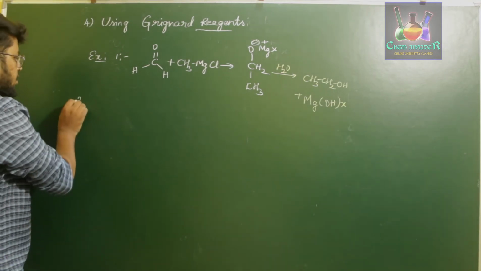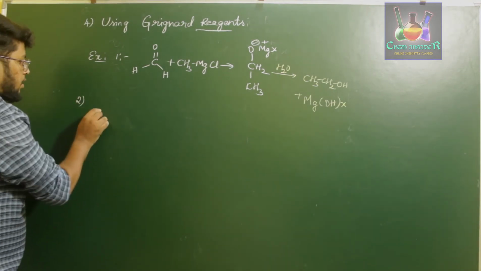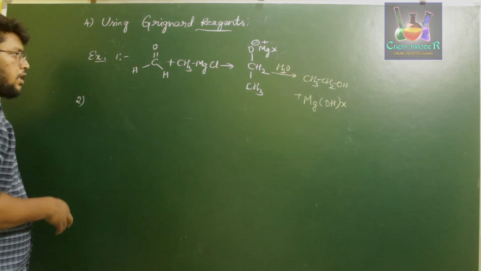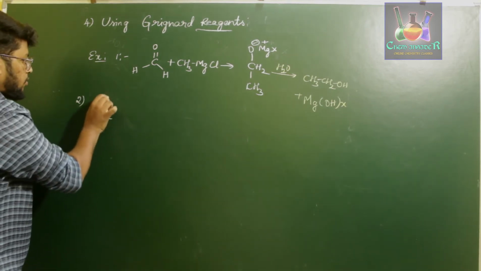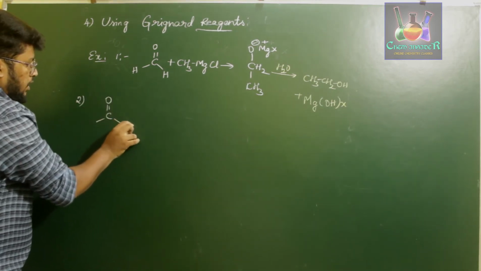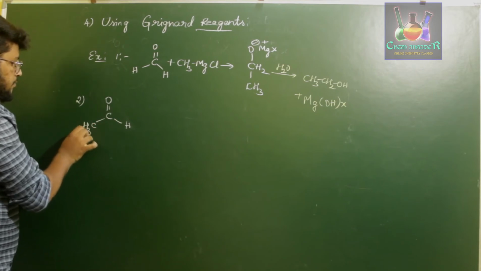Now if you consider a second example, where one of them is hydrogen, that means you are considering an aldehyde. So C double bond O with hydrogen and a CH3 group.